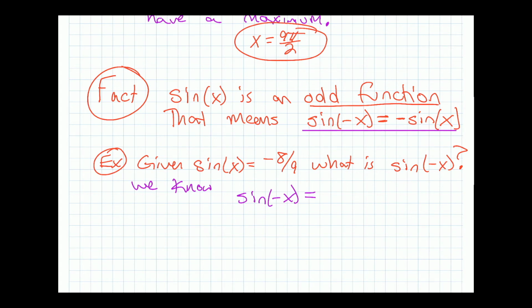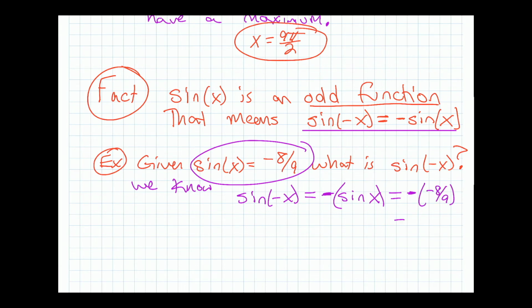Sine negative x is negative sine x. But then what is sine x? They told you right here that sine x is negative 8 over 9. So it's negative, negative 8 over 9, which is positive 8 over 9. And that would be your answer.